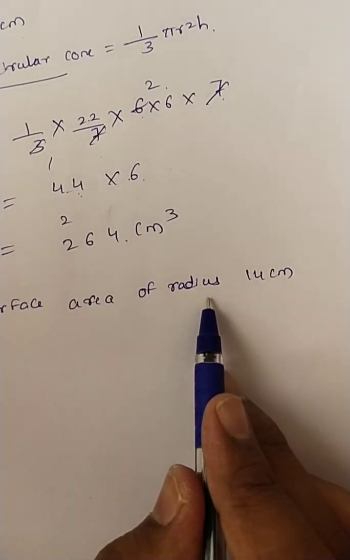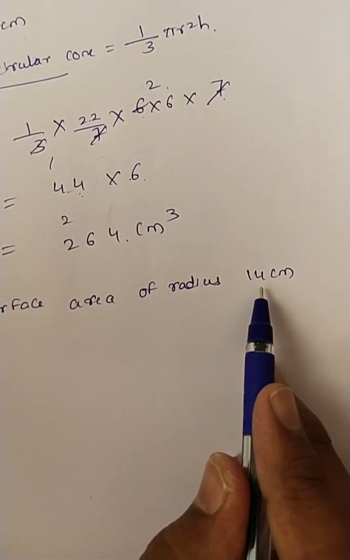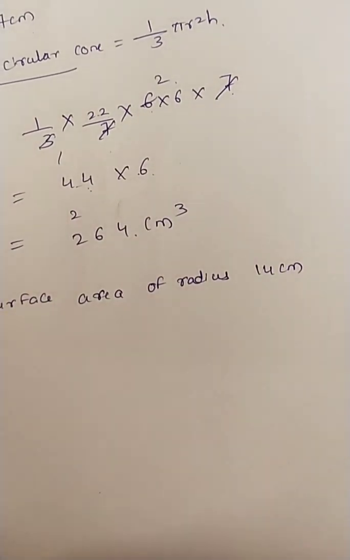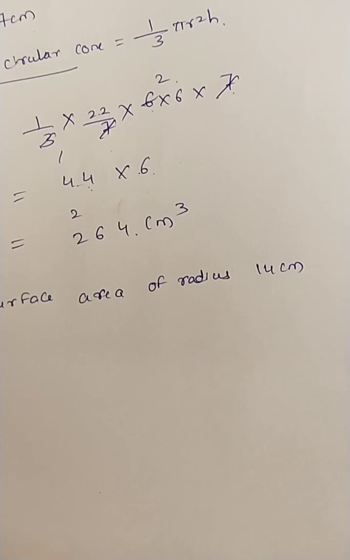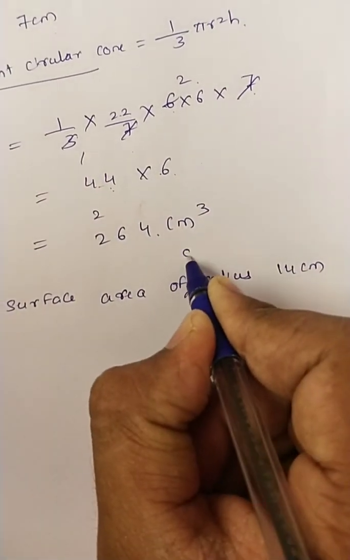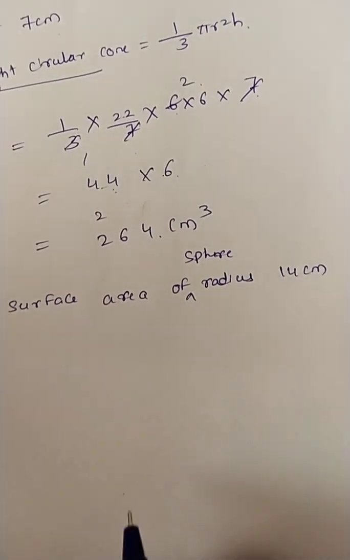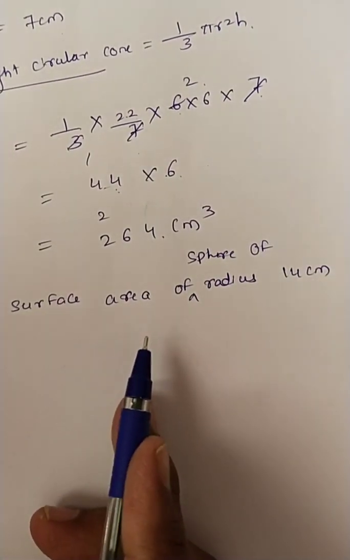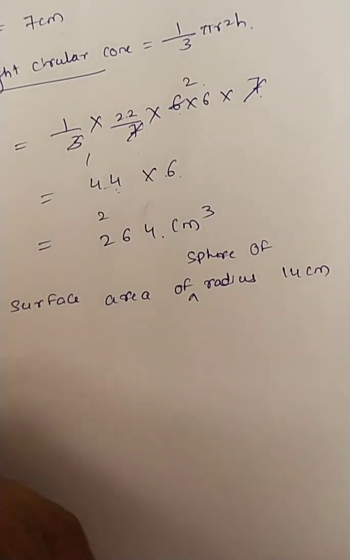If the diameter is given, then r equals d by 2, that is 14 by 2 equals 7 centimeter. But here it is given to find the area of the sphere. Find the area of sphere of radius 14 centimeter.